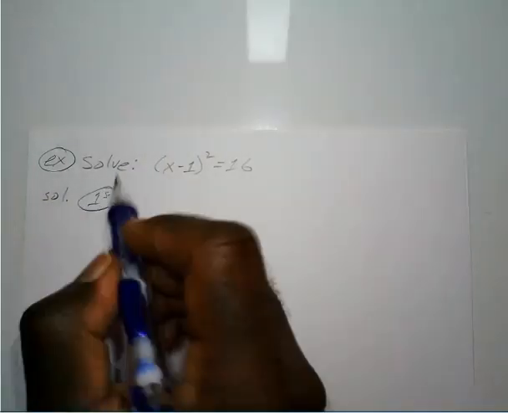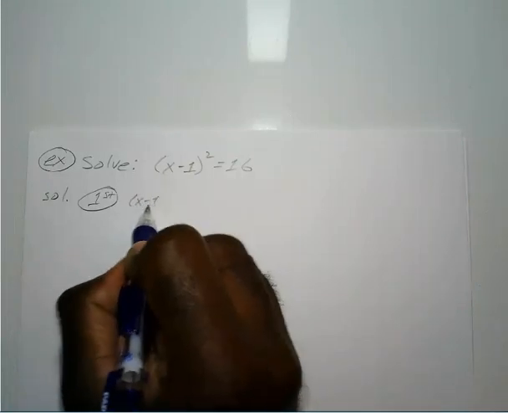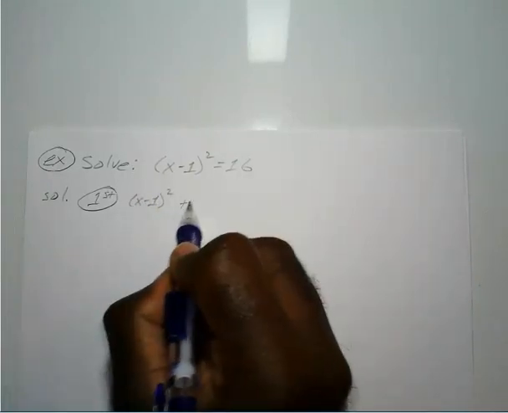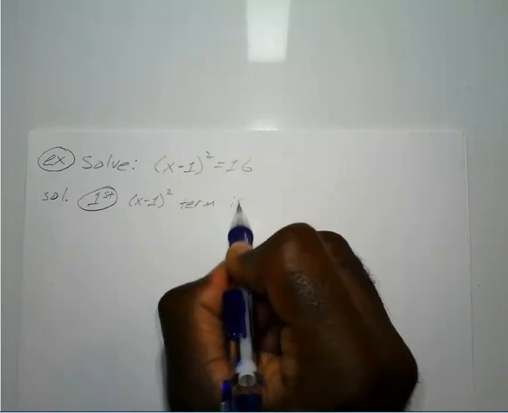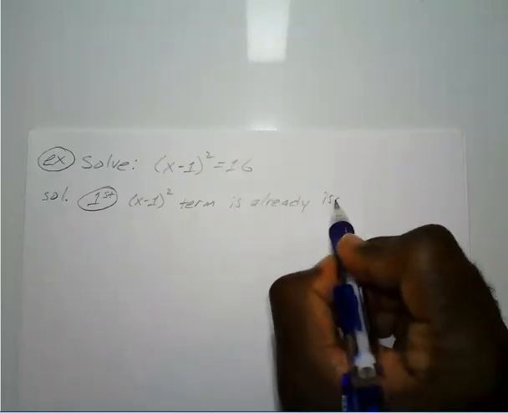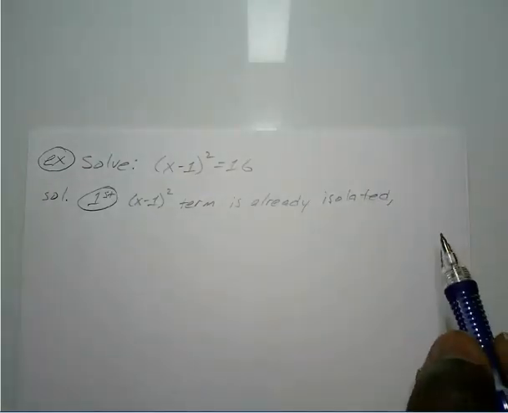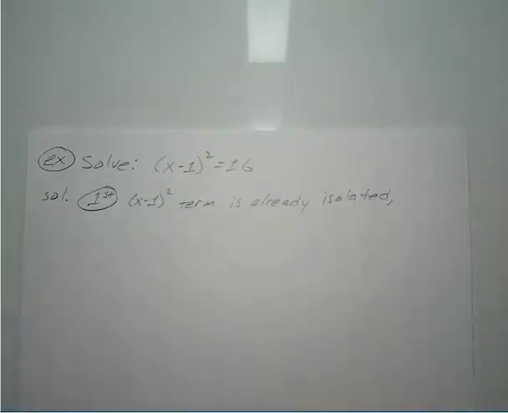Okay, so first, the (x − 1) squared term is already isolated. So since it's already isolated, we just go right ahead and square root both sides.